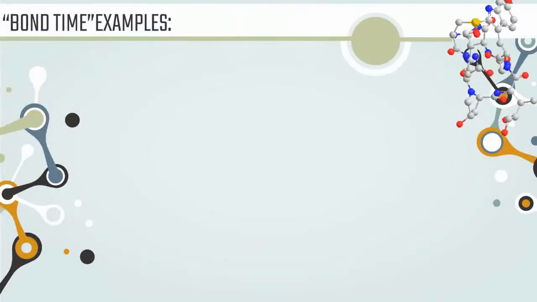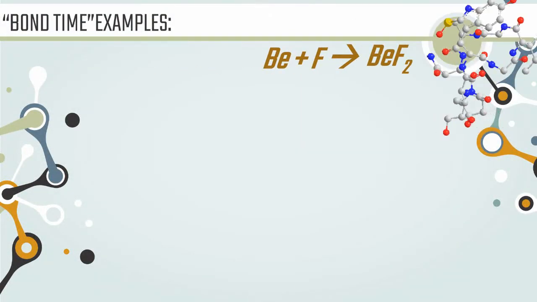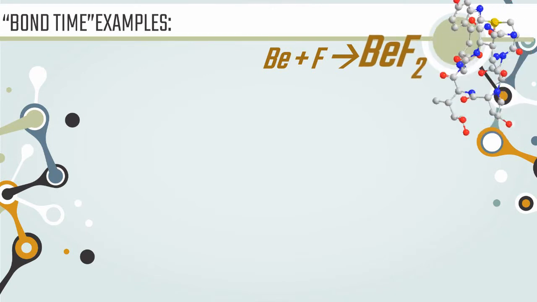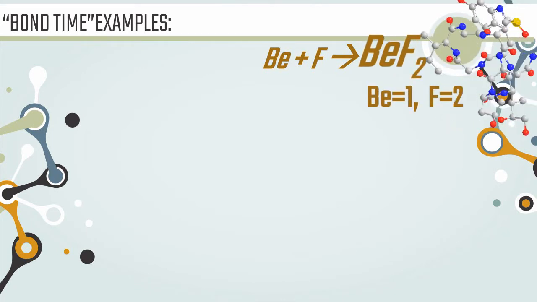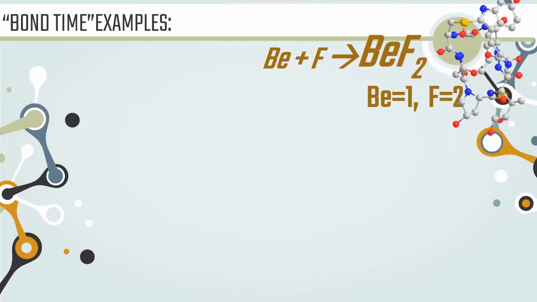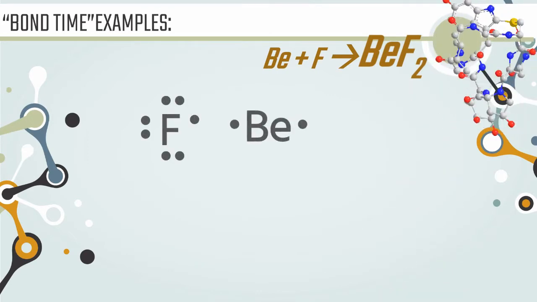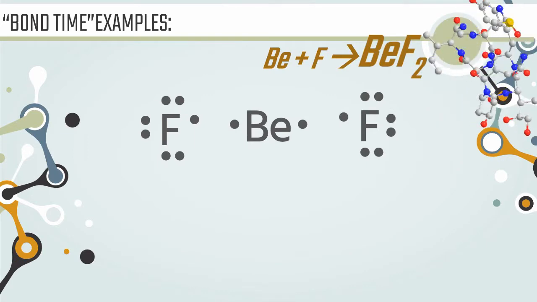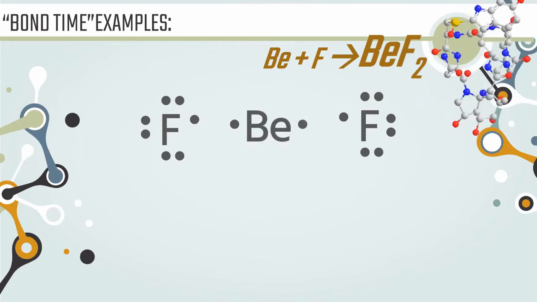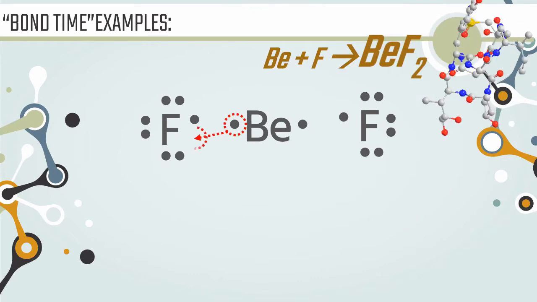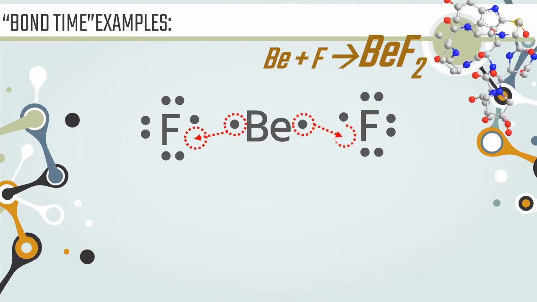Let's say, for example, take a look that the product has one beryllium atom and two fluorine atoms. For this situation, you just draw the Lewis symbol of beryllium between the Lewis symbols of the two atoms of fluorine. Beryllium atom will donate 2 electrons, one for each fluorine atom, to make them stable.